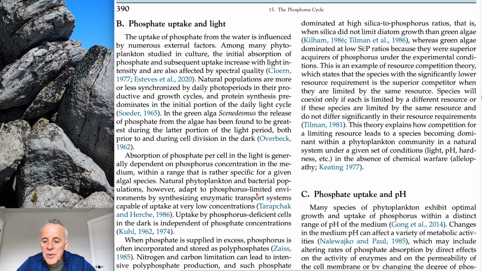Species will coexist only if each is limited by a different resource, or if the species are limited by the same resource and do not differ significantly in their resource requirements.